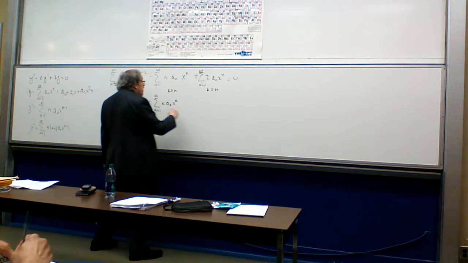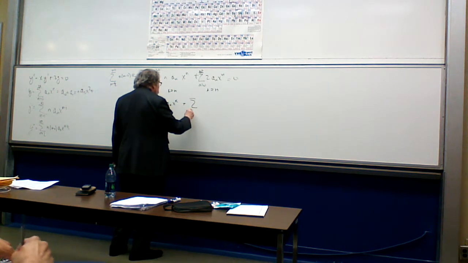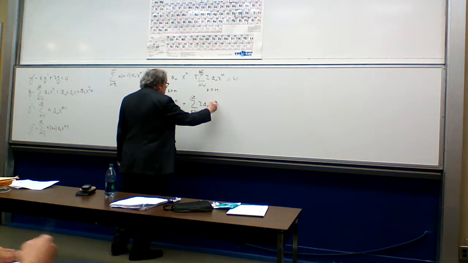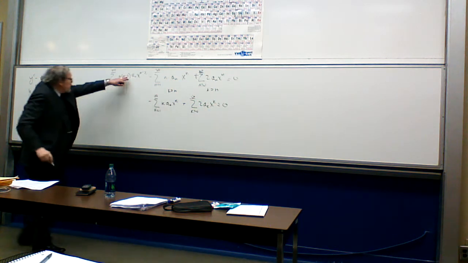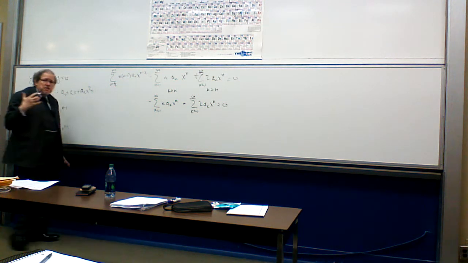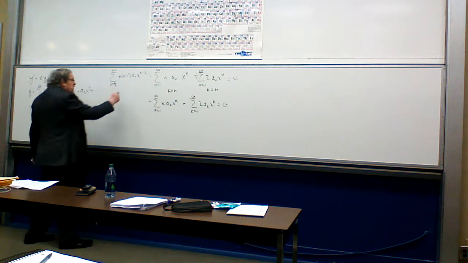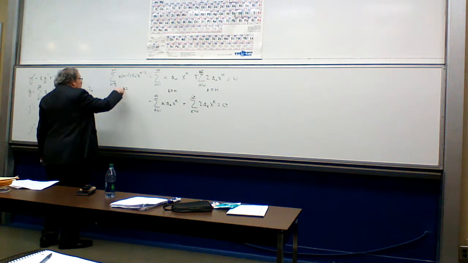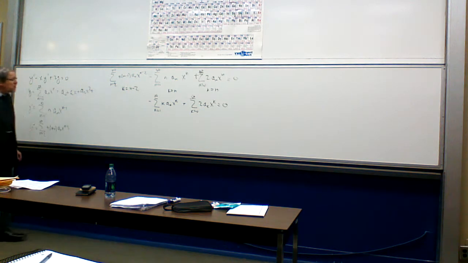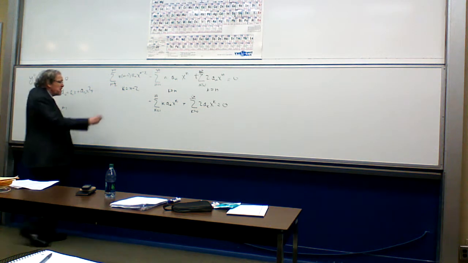Sum of k a sub k x to the k, k equals 0 to infinity, 2 a sub k x to the k. Leave out the 0. But on this term, I want the exponent on x to be the same in every series. So I want k to be whatever is in the exponent, in this case, n minus 2. I have to be consistent there.